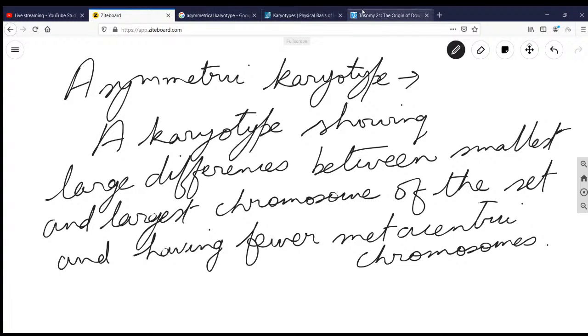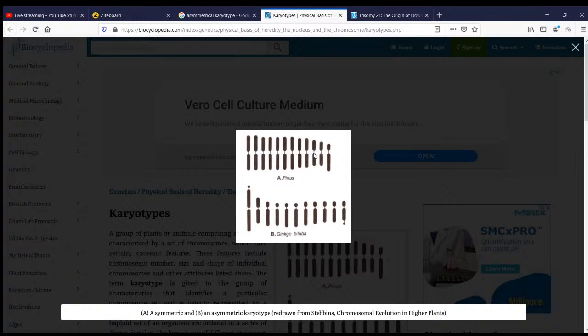Now what does it mean? Now come to this image. Take the species of Pinus and Ginkgo biloba and just compare these two. In Pinus, we see a lot of metacentric chromosomes, right? This one, this one, this one, this one.